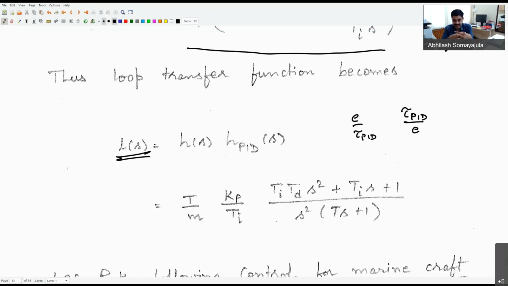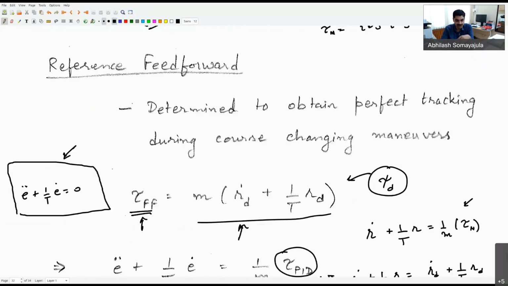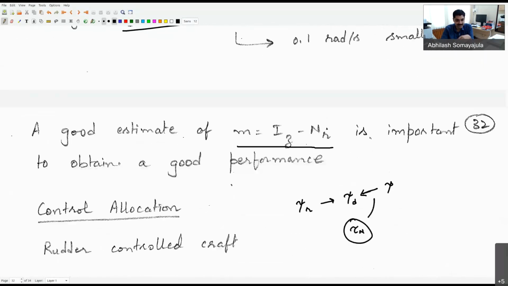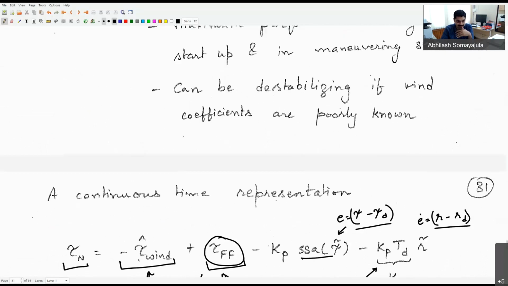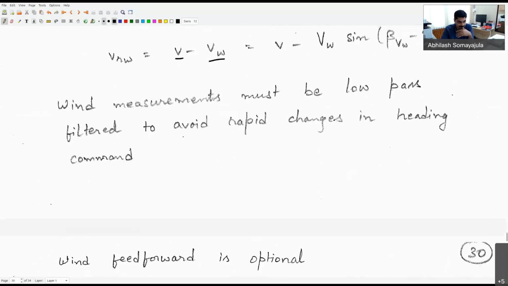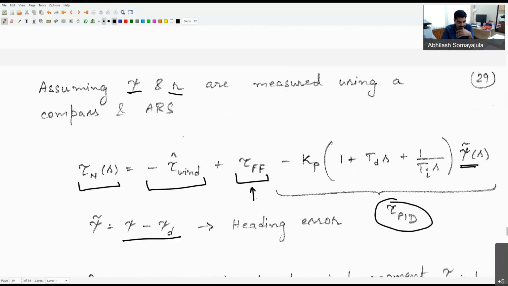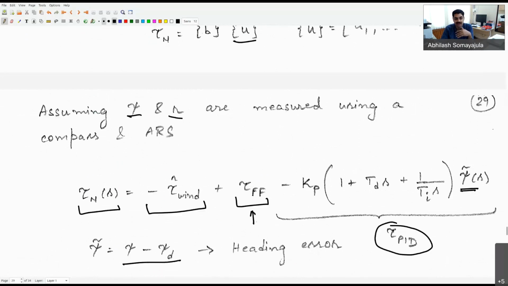And notice here, as I said, when we went through the process, I mentioned somewhere in between, I don't know how many of you noticed, that psi and r are measured using some compass or something. So we know what those values are.